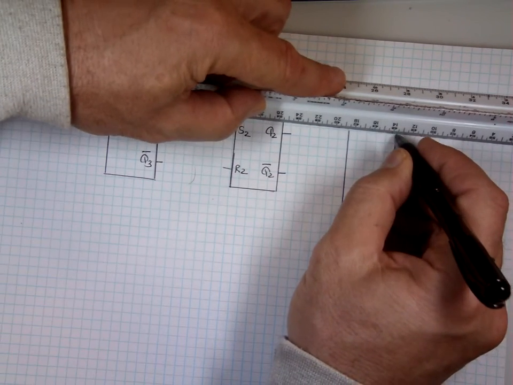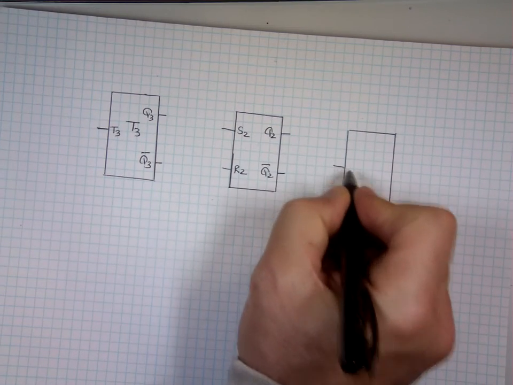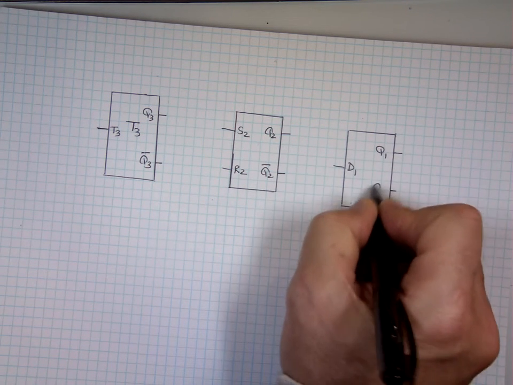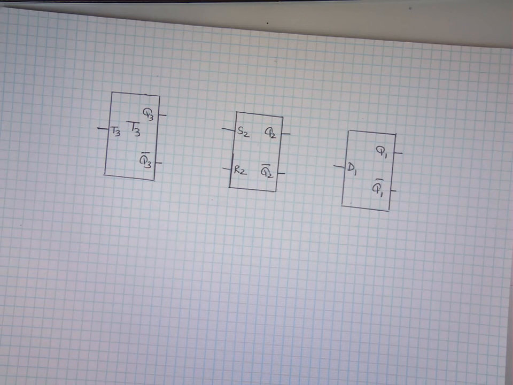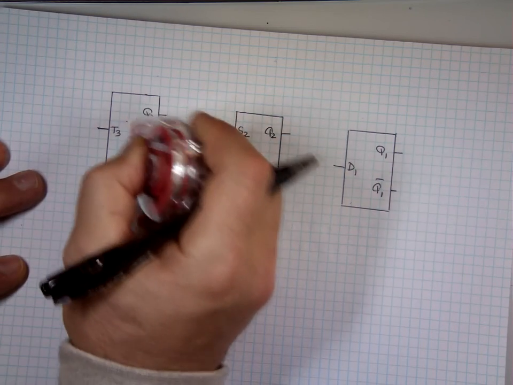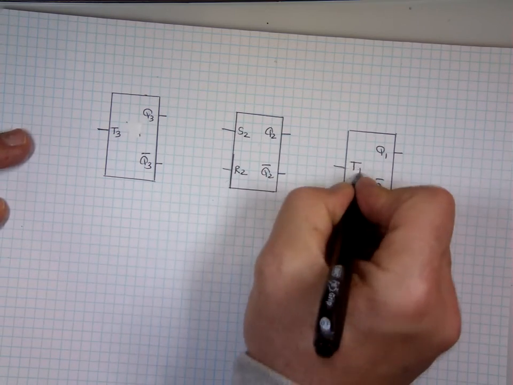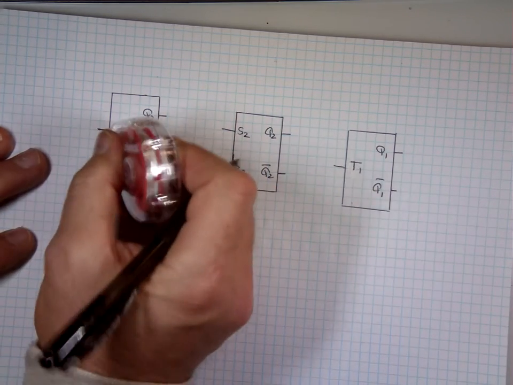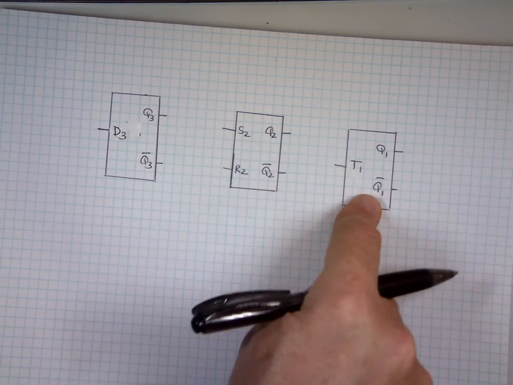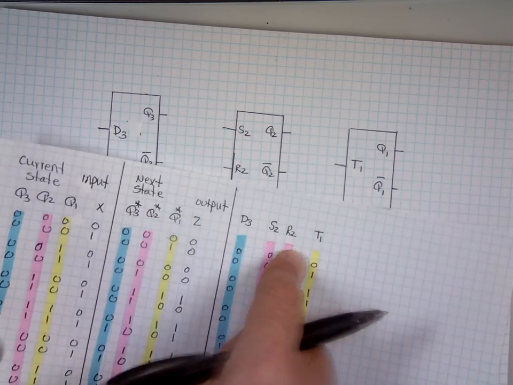I only have like 4 pages, but we've been working at this problem the whole class. And that's D1, wasn't it D3? Q1, Q1 naught. I thought, let's see. Oh yeah, D is actually this one. D is the third one. And T is the first one. T1, and this is D3. The way we label them, first one, second one, third one. If you look, T on the right, I label them S and R here, D on the left. So this way I'll stay consistent with them.